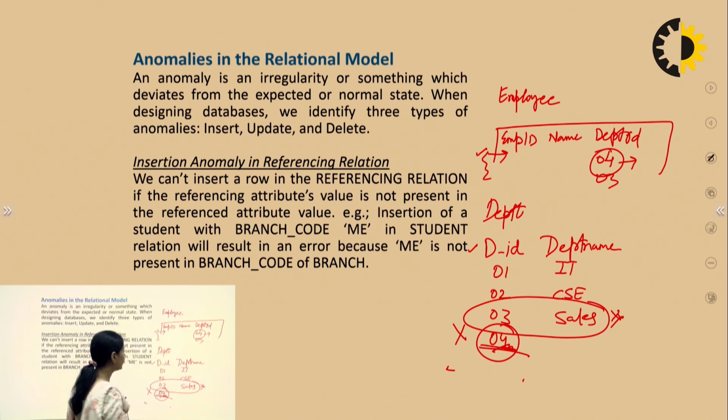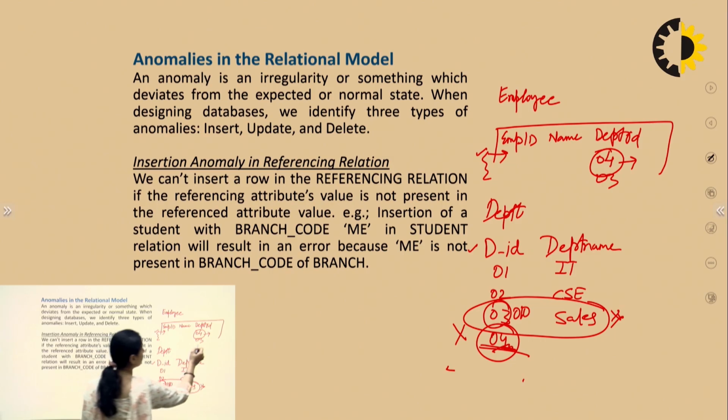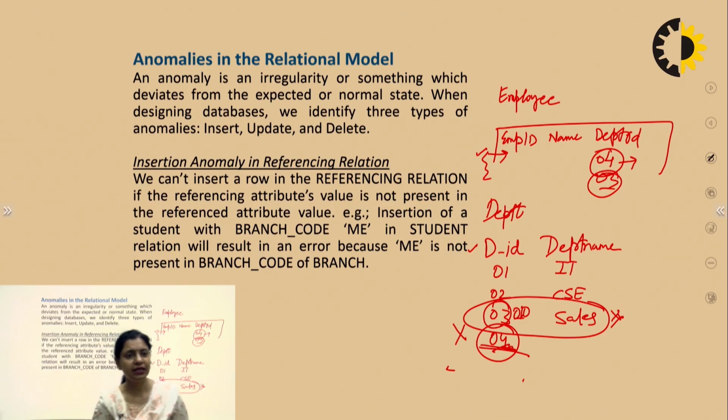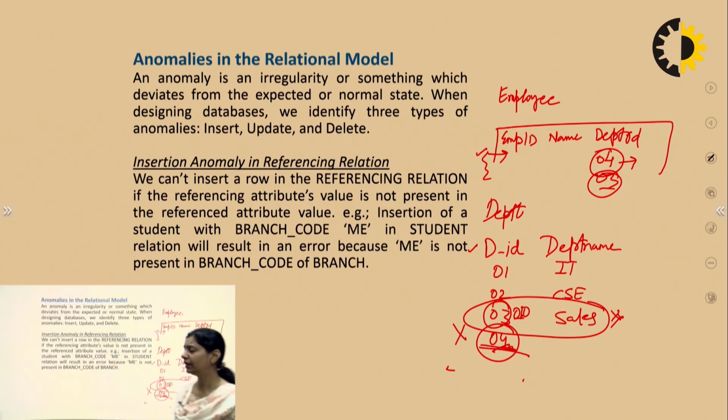Similarly, I cannot update this 03 to 010, maybe, if this 03 is present over here. That means both deletion and updation need to be done simultaneously, and I cannot do it just by deleting from one table without deleting from the other.